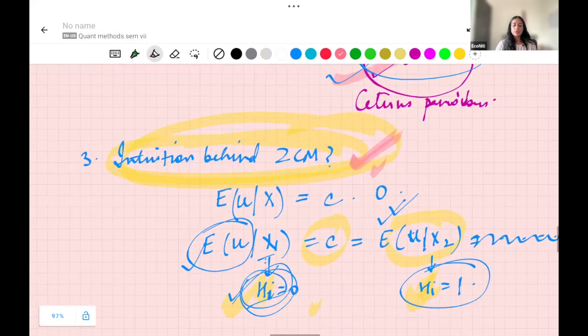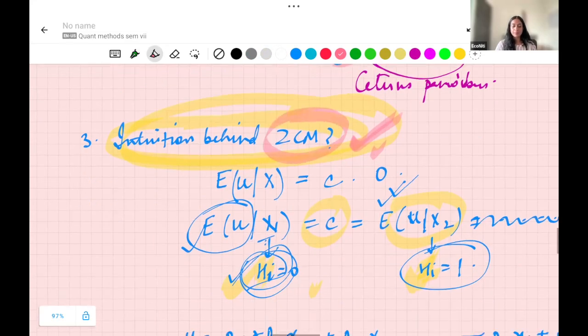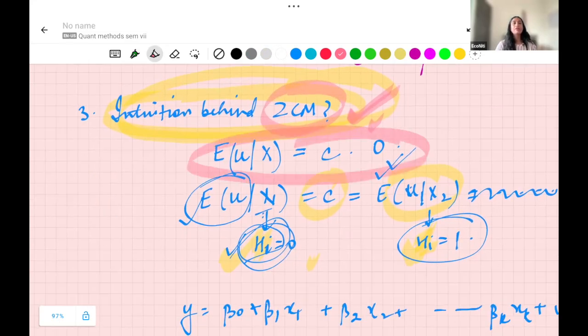Which gives rise to the ZCM assumption, जिसका meaning हमने समझा. Basically, we do not want the mean value of error to vary with the x variable. X के different जो हमारे independent variable है, जो हमारा treatment variable है, उसके value के साथ इसका average move ना करे, तब होता है ceteris paribus. और वही चीज है the zero conditional mean assumption.